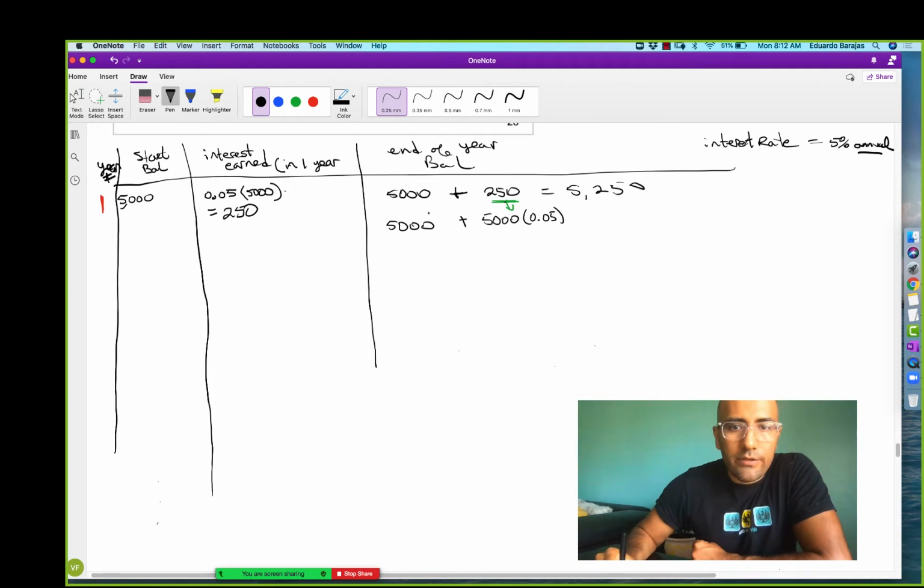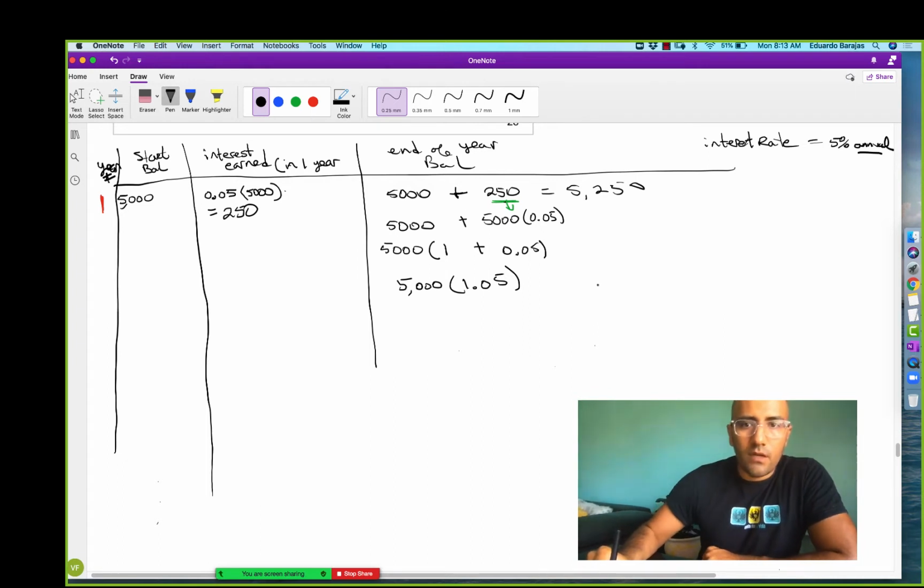And now what I want to do is factor out the 5,000. Put it out here. 5,000 times 1 plus 0.05. Okay, then if I add these two things together, it gives me 5,000 times 1.05.